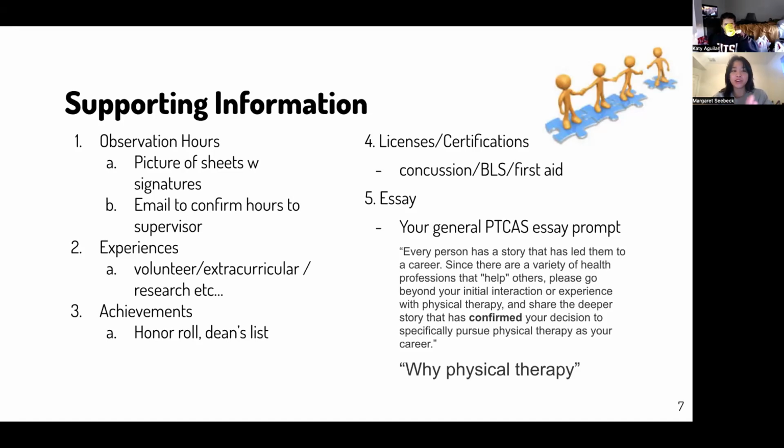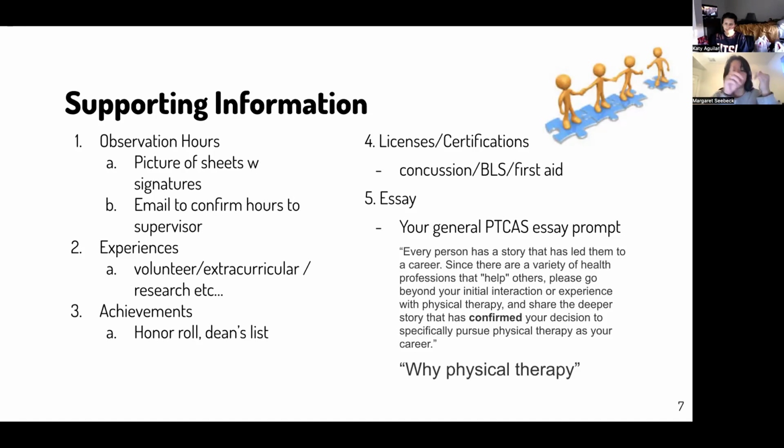Okay, so starting with observation hours, there's a lot of different questions on how we confirm these hours. There are two different options that PTCAS offers. One is uploading a document or a picture of a sheet of signatures from wherever you observe at, with their name, their email, and then their signature and the dates. You can do it that way.